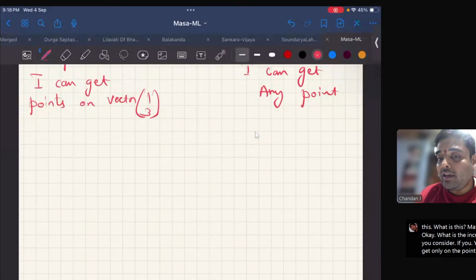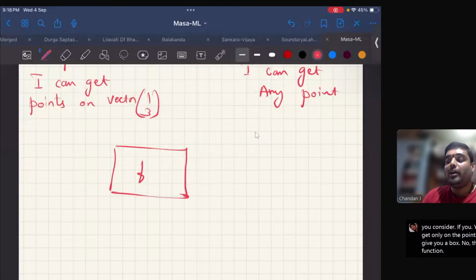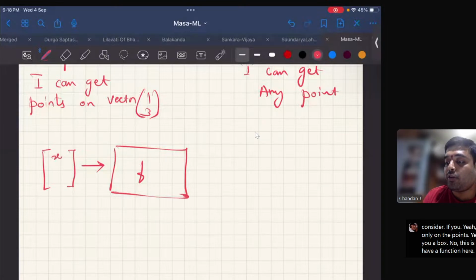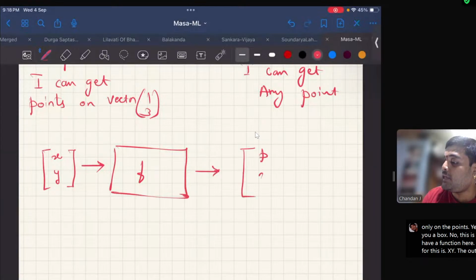Yes. Now, I'll give you a box. Now, this is a function. Okay, I have a function here. The input for this is xy. The output for this is, let's say, pq.